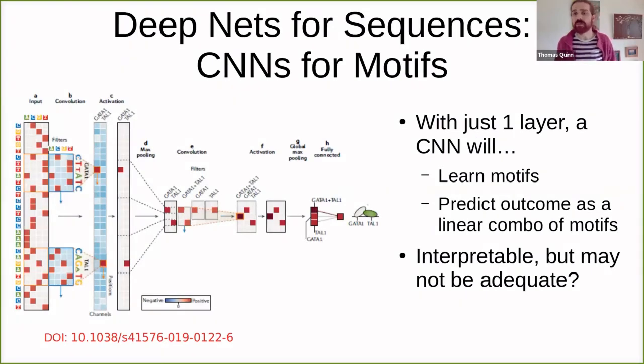The idea of learning motifs is not new and has been done for quite some time and quite effectively using CNNs. The way this basically works is you take your DNA sequence and you one-hot encode it. So if you look at the top here, we turn the sequence, which has L positions, into an L×4 matrix. And in the first position, we have a C, so we put a 1 in the C column.